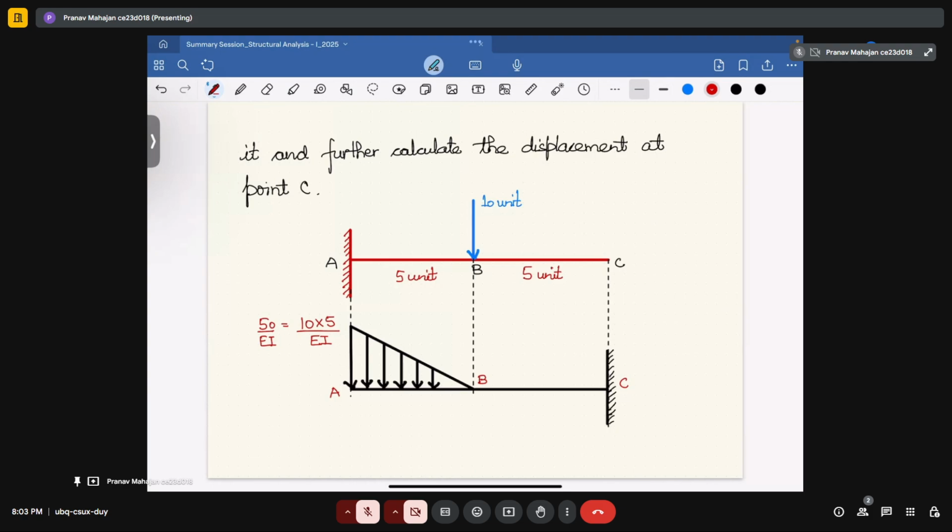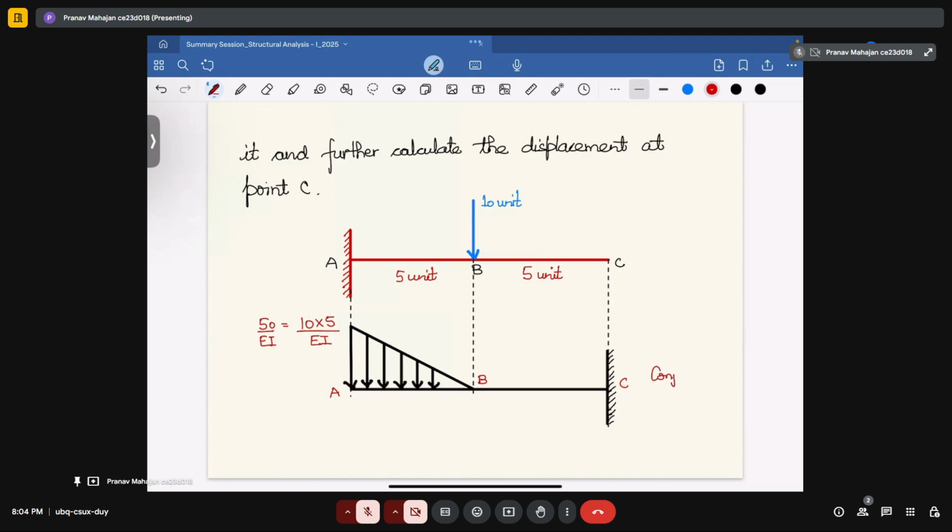For the current problem, we are using the conjugate beam method, in which the free end becomes the fixed end and the fixed end becomes the free end, and your bending moment diagram becomes the loading for the conjugate beam. Okay. After using all the concepts for the bending moment, this will become your conjugate beam.